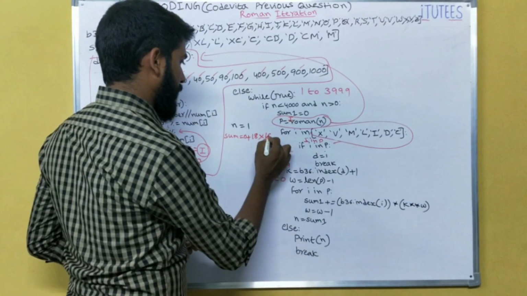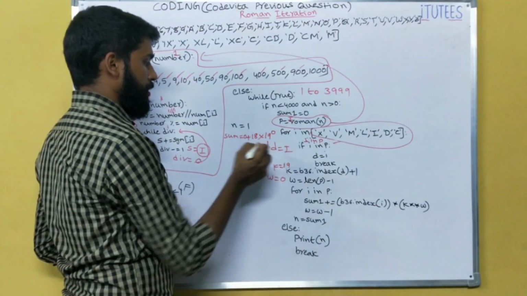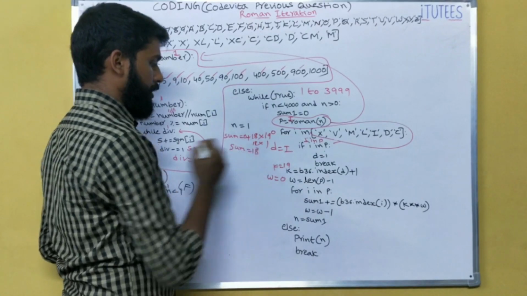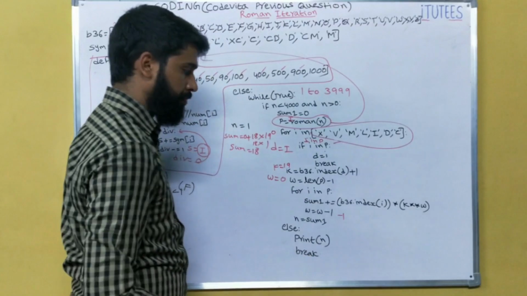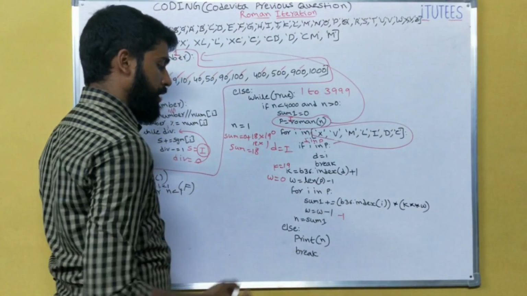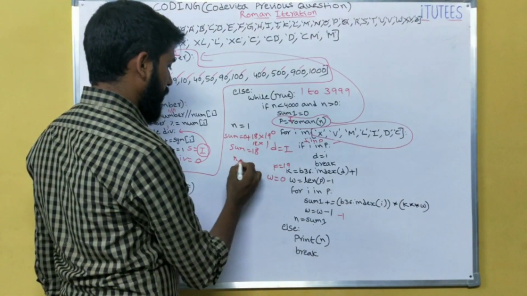K means 19. What is the W? 0. So that means 19 power 0 is 1, 1 into 18. Sum equals 18. Now W equals W minus 1, means 0 minus 1, it becomes minus 1. So there is nothing in P. N equals sum, so now N equals 18.